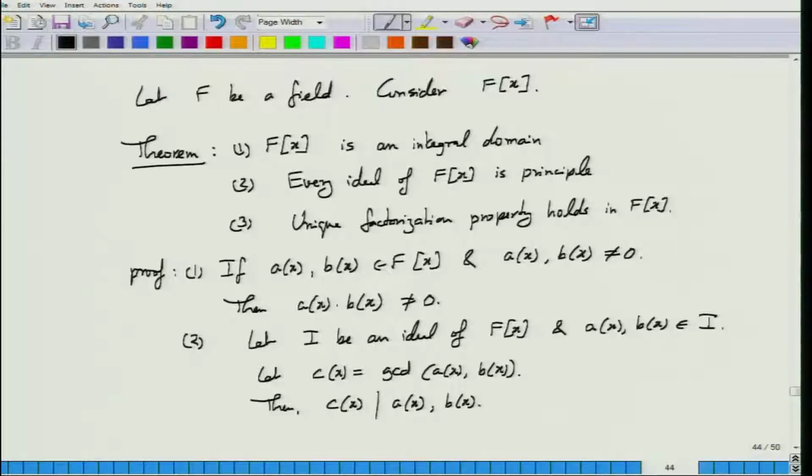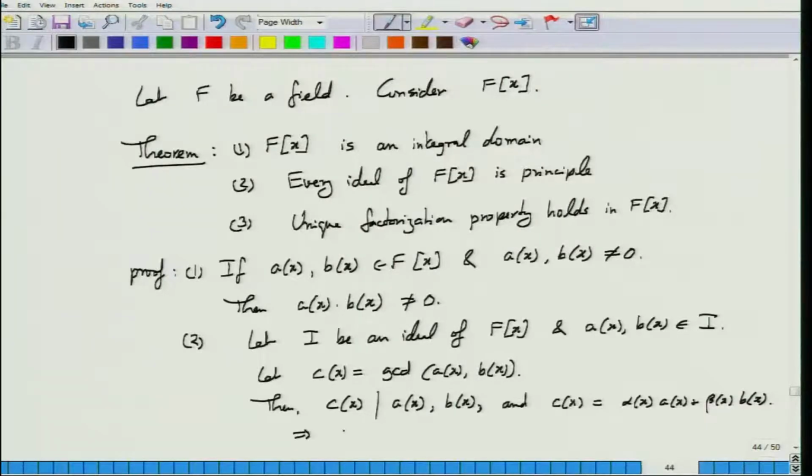In addition, we can write C as some alpha(x) A(x) plus beta(x) B(x).